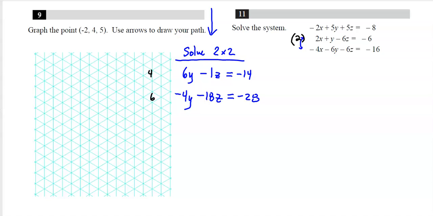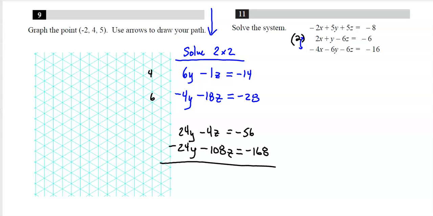So when I do that, I get 24y minus 4z equals negative 56. Then I got negative 24y minus 60 and 48 minus 108z. It's getting bigger than I like. And this is going to be negative 120 plus 48, negative 168.